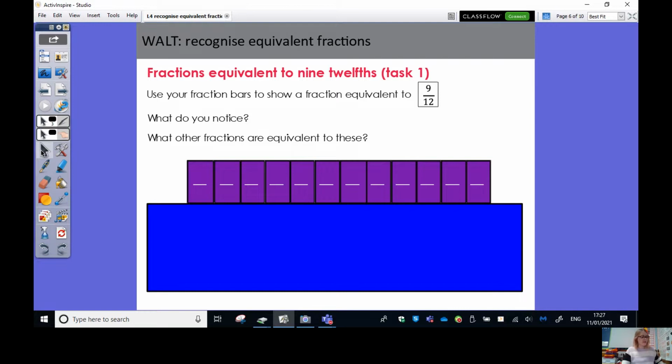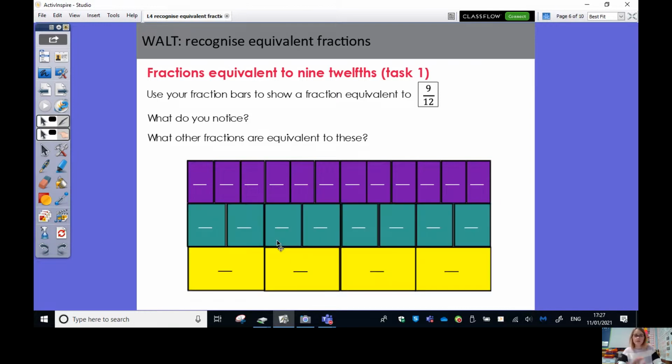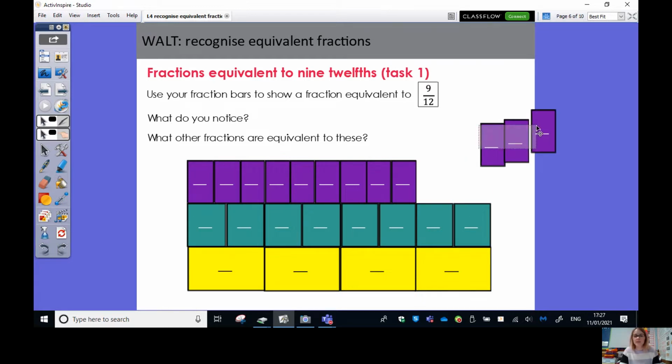Okay, hopefully you have managed to have a go at that. So on your fraction wall, you should have found these fractions that were equivalent. So this is my 9 twelfths. Let's just count 1, 2, 3, 4, 5, 6, 7, 8, 9. So I'm going to take away these ones because I'm just looking at 9 twelfths. I'm not looking at a whole at the moment. So I need to see what is in line underneath.